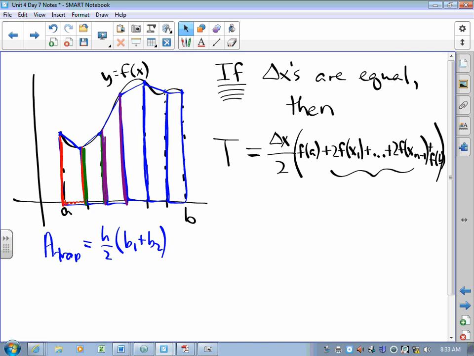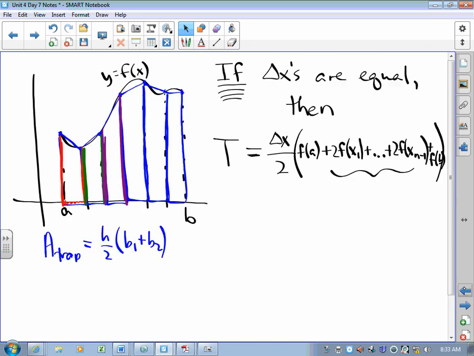All the y values in the middle are used as a bottom base and then as a top base. So all of the y values in the middle get doubled. Whereas the f of a and the f of b are only used once as a base. Let me show you what I mean.